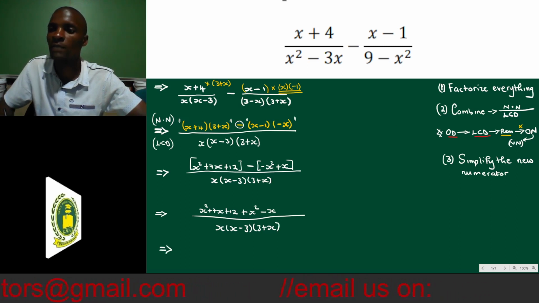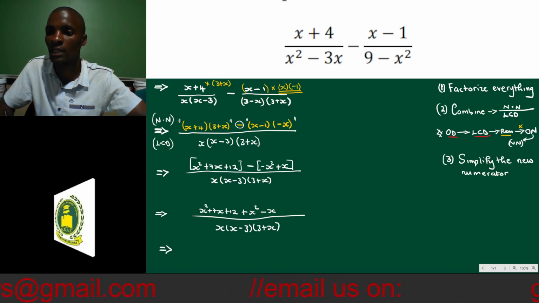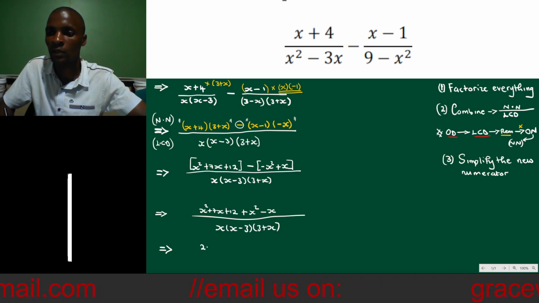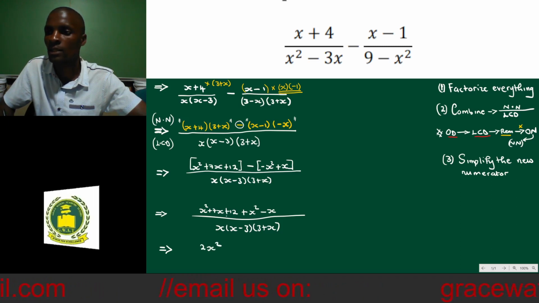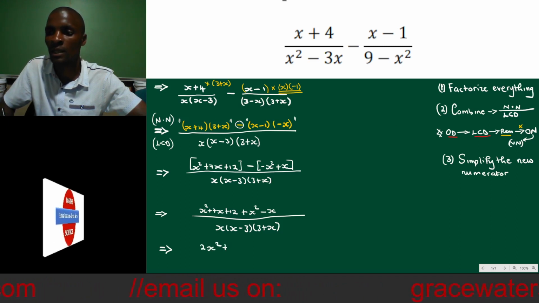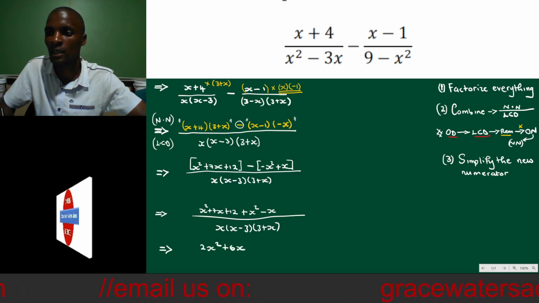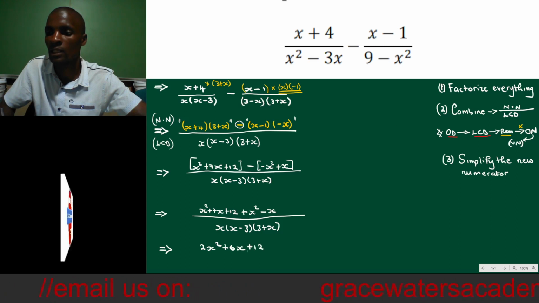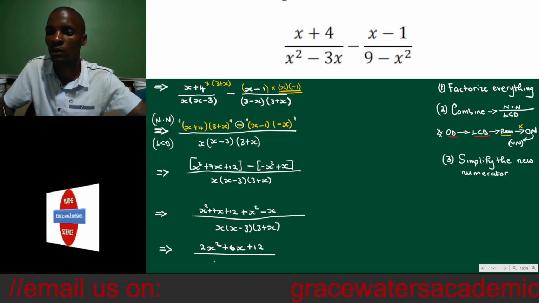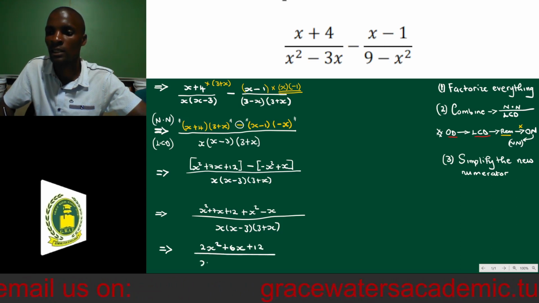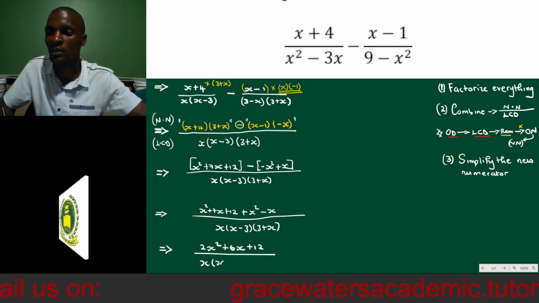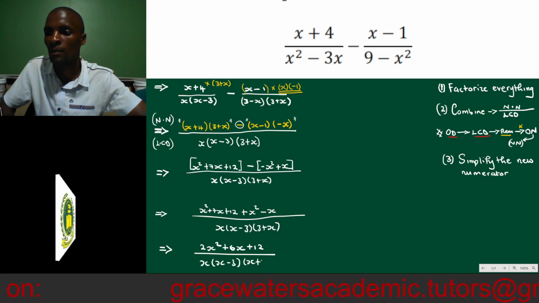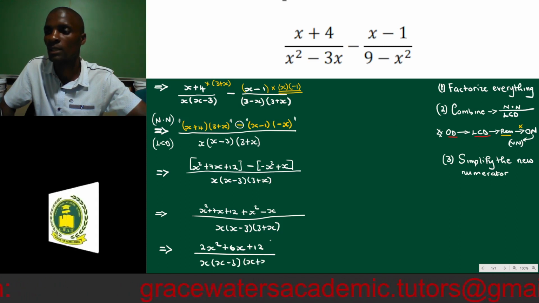As you know, after expanding brackets, now you're collecting like terms. So x squared plus x squared becomes 2x squared, 7x minus x becomes plus 6x, and then 12 has no like terms, you write it as 12, and then all this over x into x minus 3, and then 3 plus x.